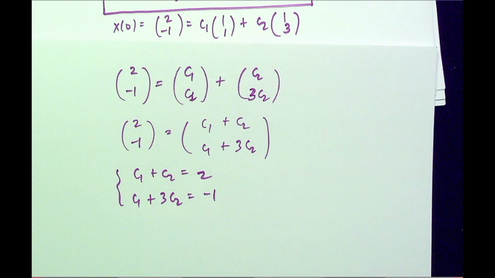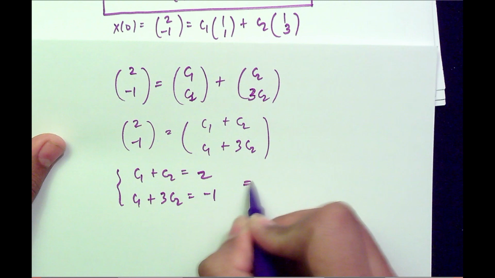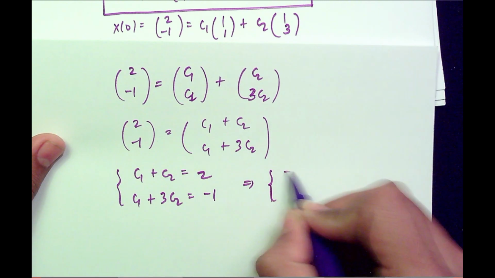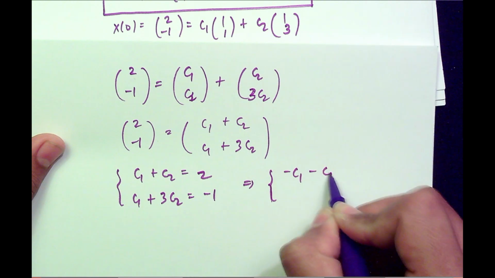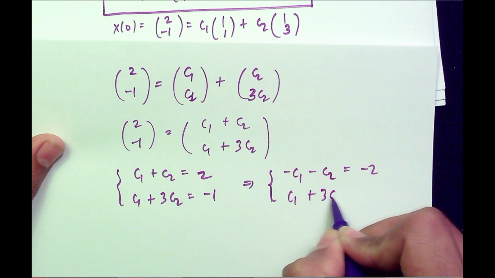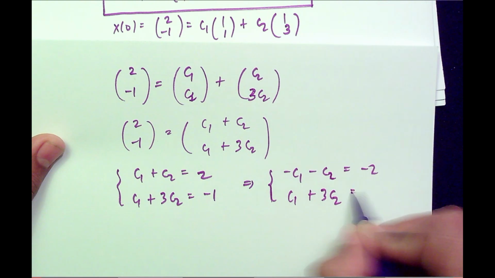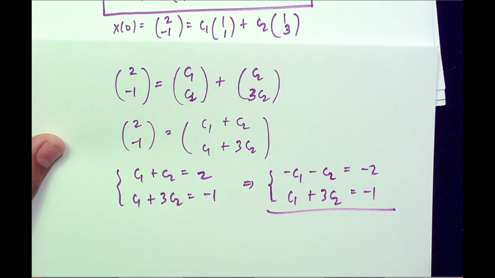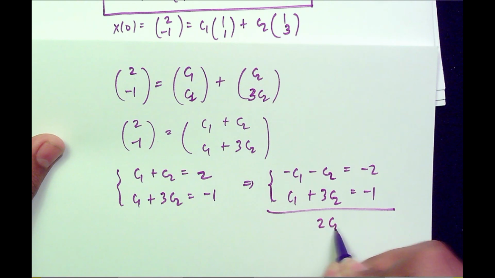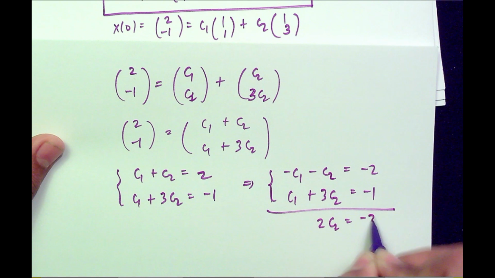So I'm just going to subtract. So multiply the first equation by negative 1. You're going to get negative c1 minus c2 equals negative 2. c1 plus 3c2 equals negative 1. And now you can add down, and the c1s disappear, and this gives you 2c2 equals negative 3.